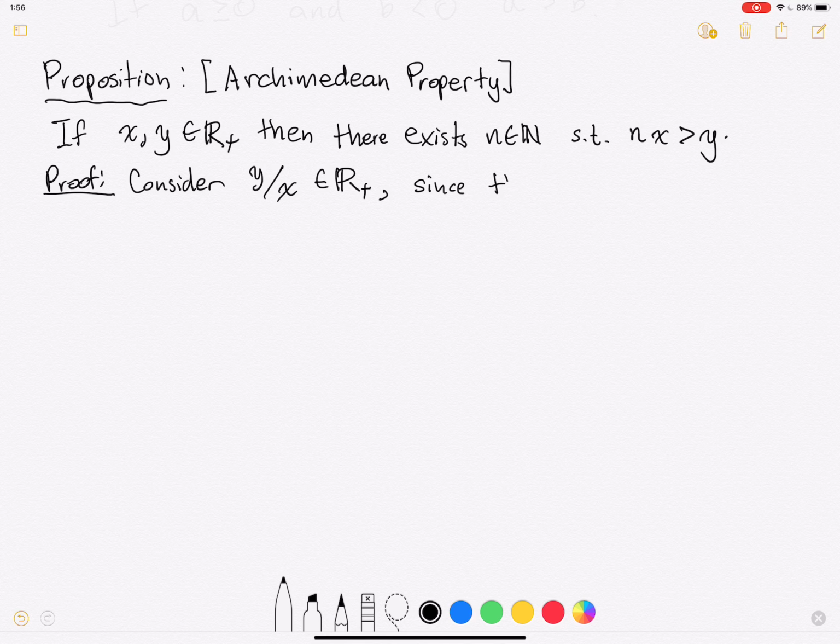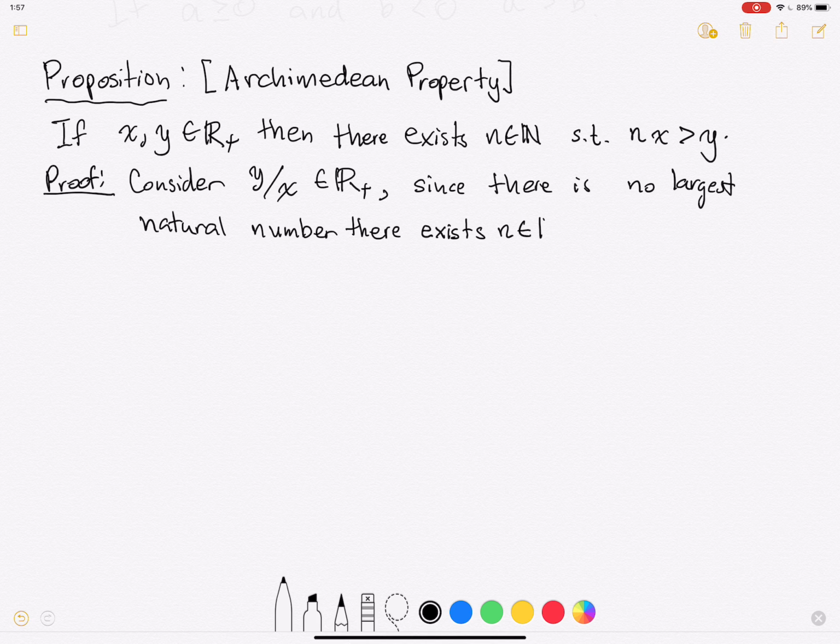Since there is no largest natural number, there exists n such that n is greater than y over x.